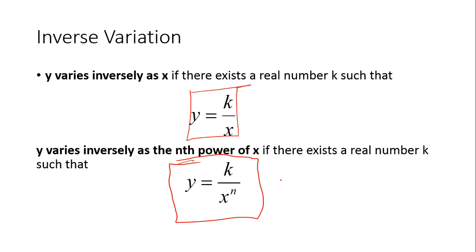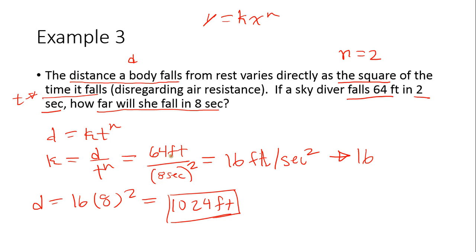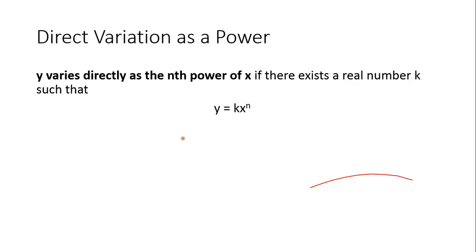So basically, as you can see, as one goes up, the other goes down. In direct variation, if I put in a bigger x, I'm going to get a bigger y. If I put in a smaller x, I'm going to get a smaller y.